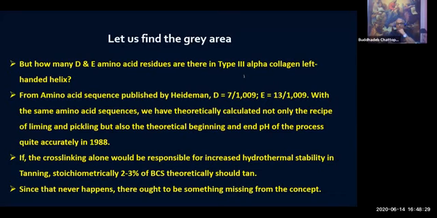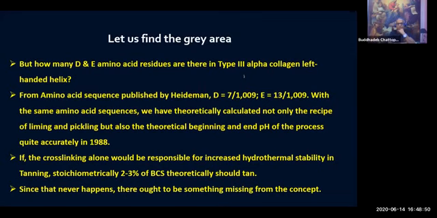I do not think it is nonsense, because with the same amino acid sequences, we theoretically calculated in 1988 not only the recipe of liming and pickling, but also theoretically predicted the beginning and the end pH of liming and pickling.